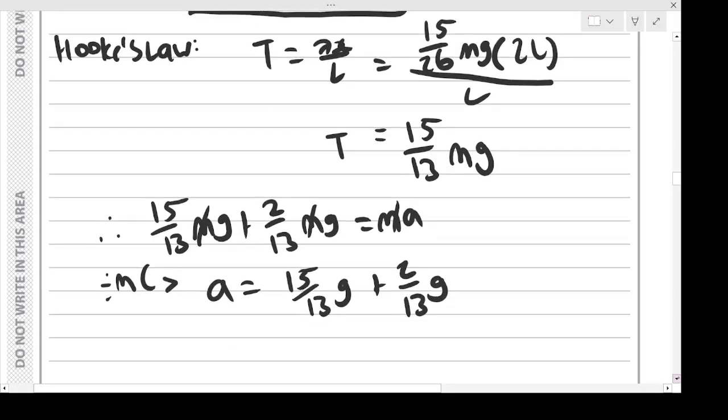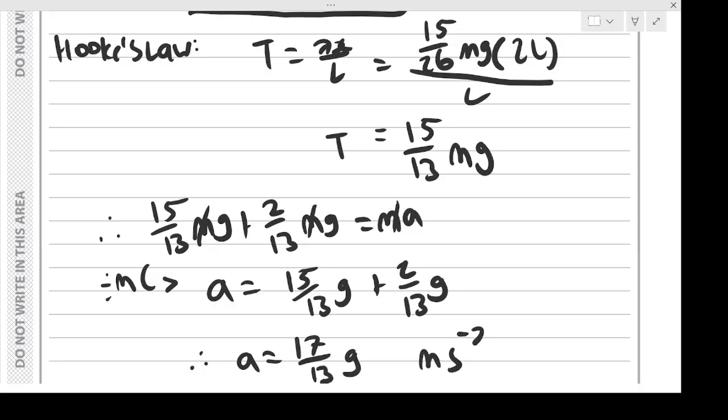So if I collect all the g's, I therefore get my acceleration to be 17/13 g meters per second squared. And that is my acceleration there.